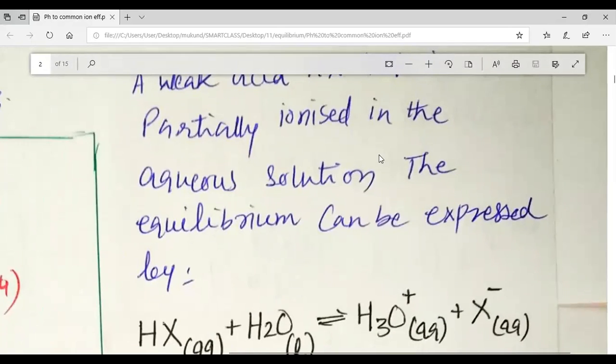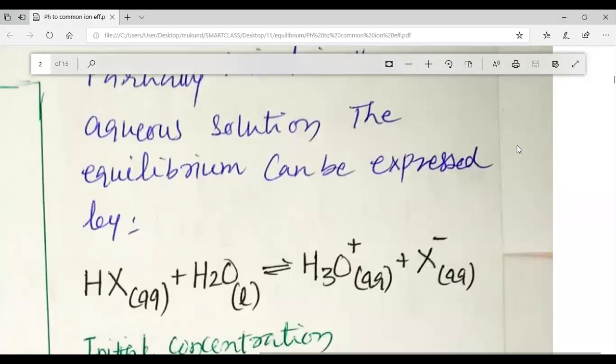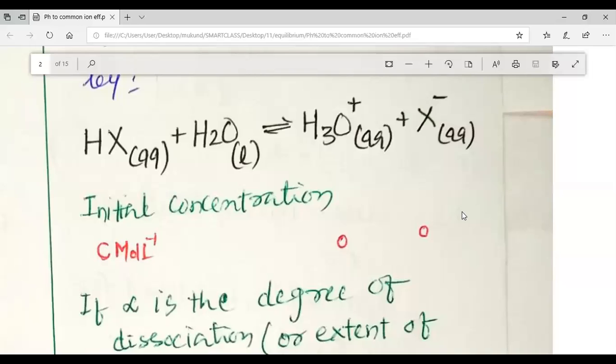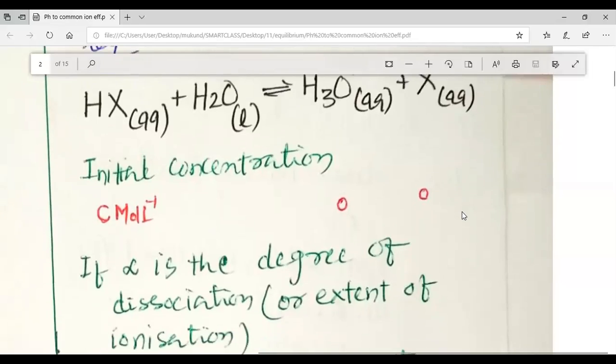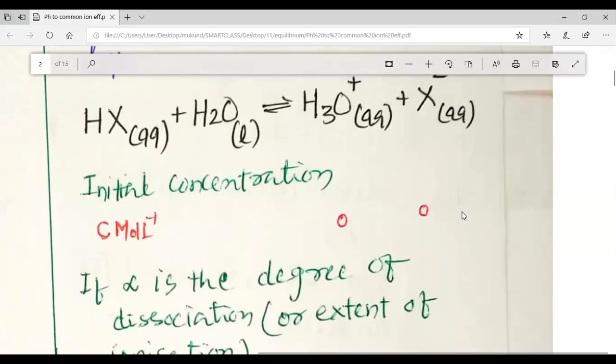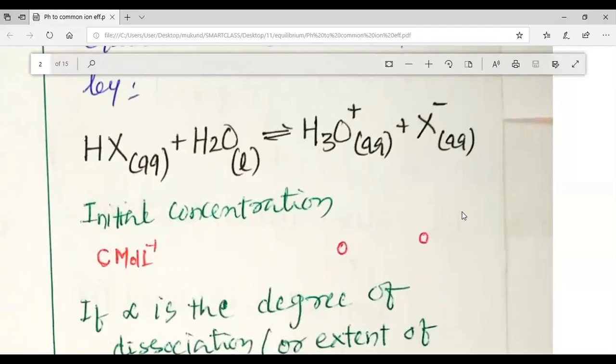The equilibrium can be expressed by the equation HX plus H2O gives H3O plus and X minus. The initial concentration is C mole per liter, and for H3O plus and X minus it is 0, 0.